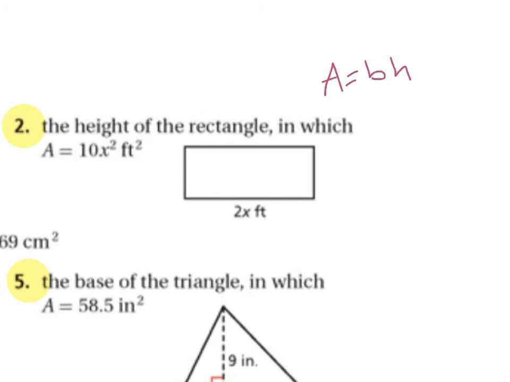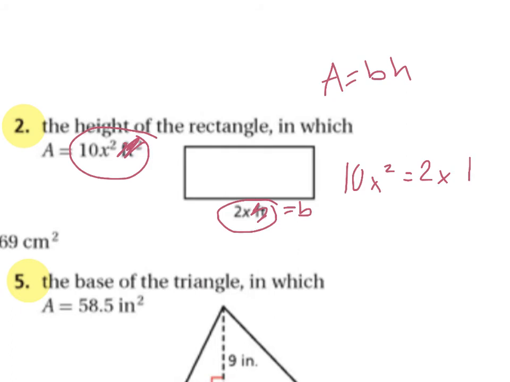Since we're dealing with a rectangle, we can fill in this for A, and this is our base, so we put this in for B. So we can ignore the units, the feet squared and the feet, for now. So our area, what we put in for A, is going to be 10x squared, and that's equal to base times height. We have the base here, which is 2x, and we're trying to find the height, so we're just going to leave the height as h.